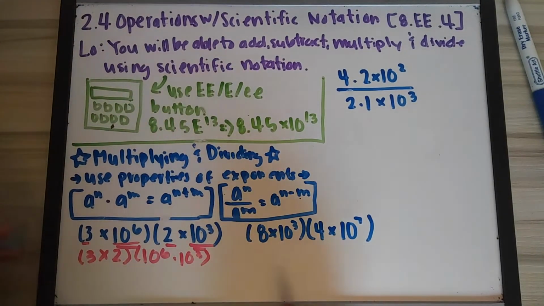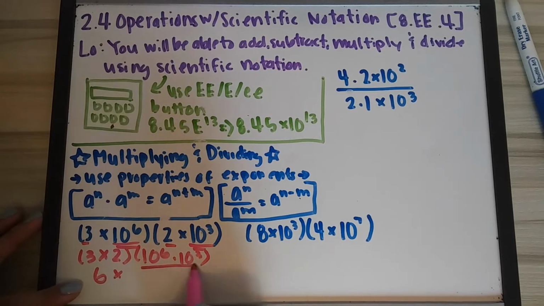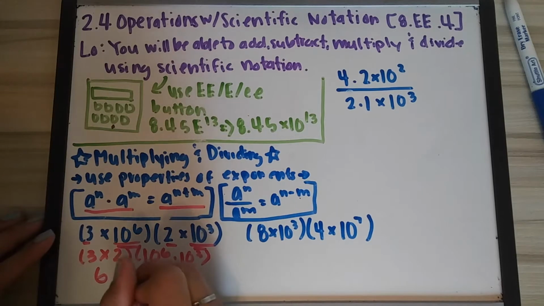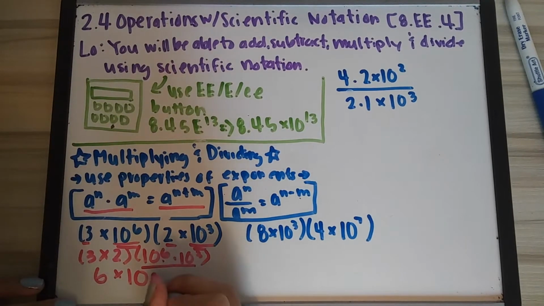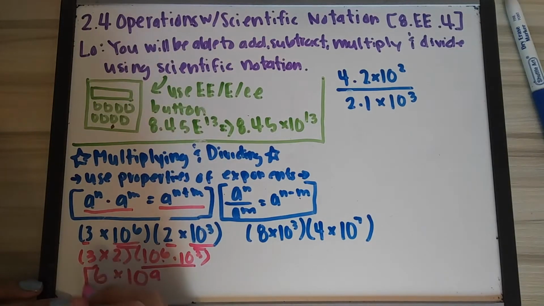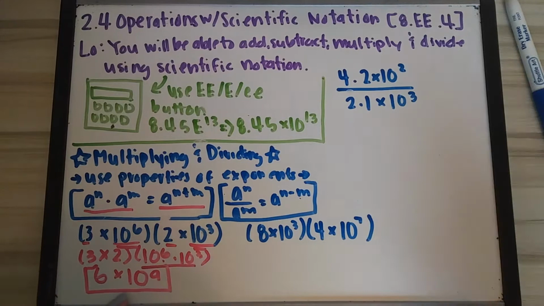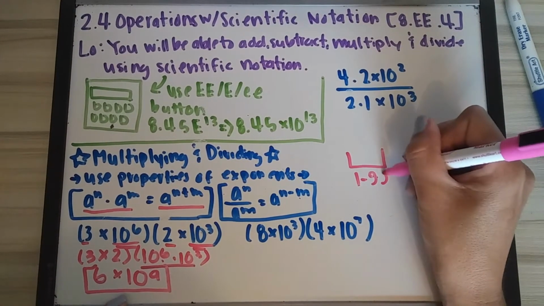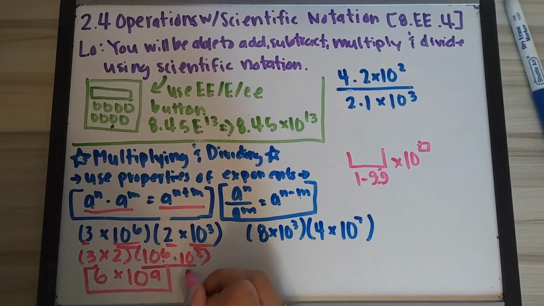So I have 6 times, and using the product property of exponents, I have the same base, so I write the same base and add the exponents. 6 plus 3 is 9. This will be my final answer. We have to check that this is in scientific notation. Remember, the first factor has to be between 1 and 9.9, times 10 to whatever power. So that one works, that one's done.